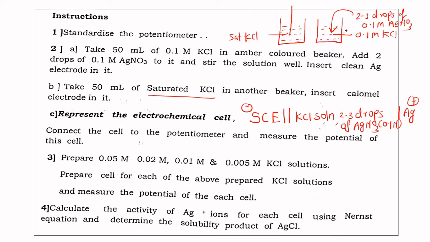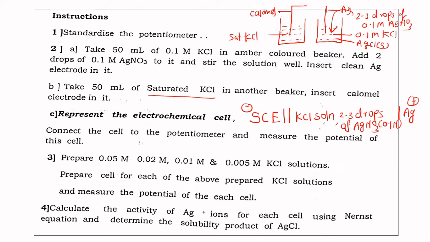Now, due to the addition of the 0.1 molar silver nitrate in this KCl solution, there is a formation of silver chloride precipitate. And this silver chloride is a sparingly soluble salt. It is not soluble, so the solution gets turbid. And dip the silver electrode into this. Silver electrode. And the LHS electrode is the calomel electrode, which is a reference electrode.